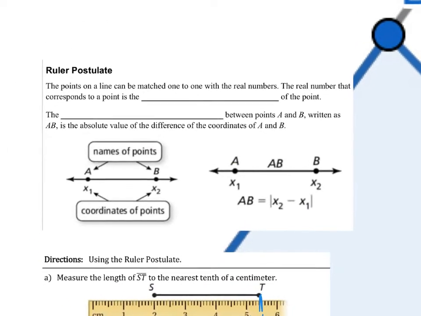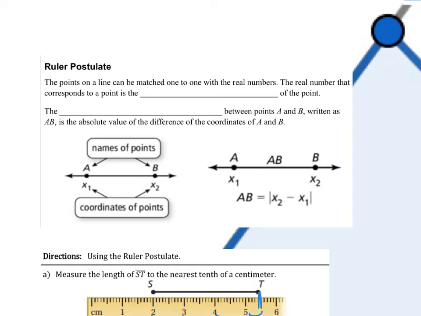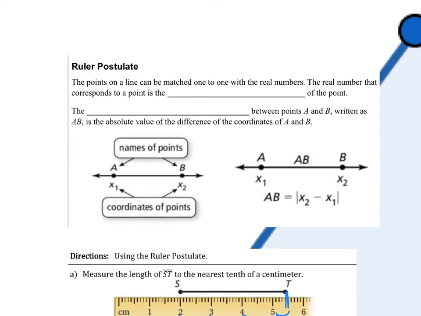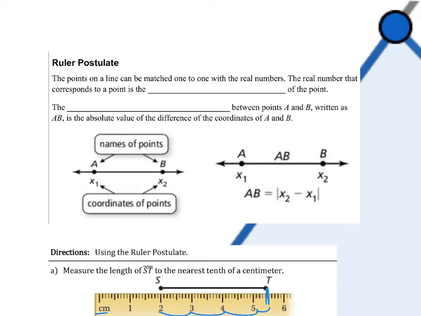So we can say that if we have 2 points on a line that match up with the real numbers on a number line, then we call that number the coordinate of the point. It's a location. We're familiar with coordinates. And if we want to find out how far 2 points are apart, we call that the distance, and we write it like this, AB.